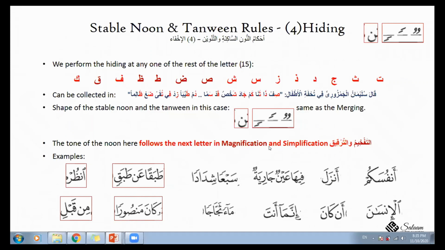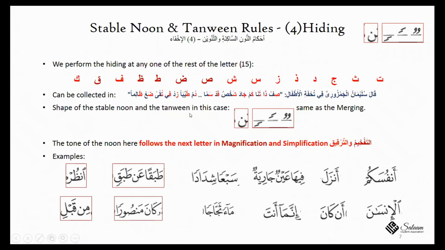So we have 15 letters that we do ikhfa or hiding with. We will keep the part of the noon, which is the tone, and then we'll say the letter completely without any tone in the next letter. We will not make the tongue touch the upper part of the top of the mouth, so that it will not become izhar or showing.